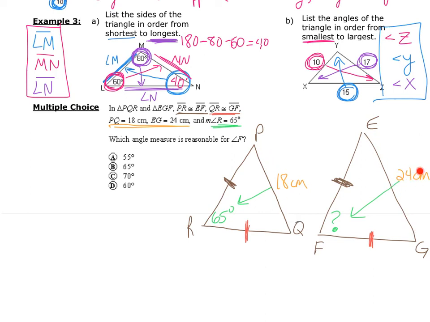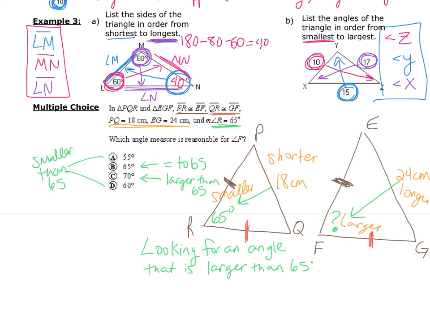If this one is larger than the 18, then this angle over here will also compare the same way. So if this is longer and this is shorter, then angle F should be larger and this one should be smaller. We know what the 65 is, so we are looking for an angle that is larger than 65 degrees.